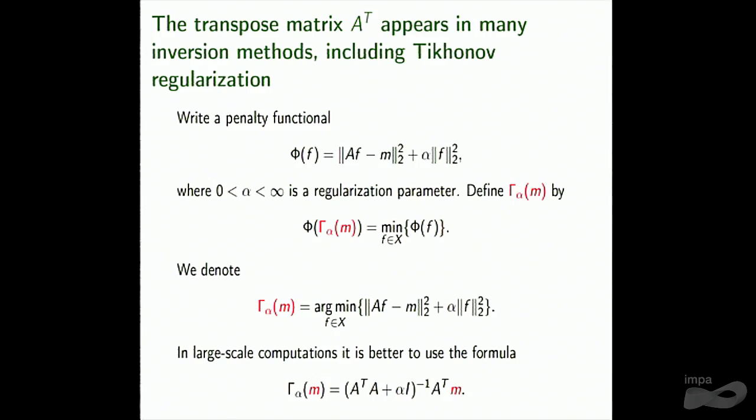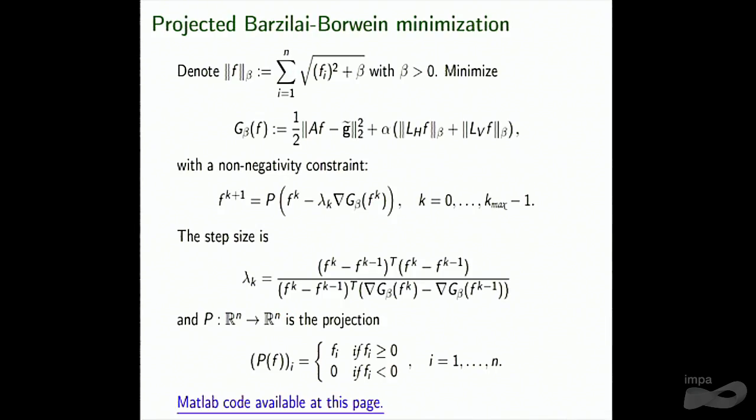And you see here the transpose of A appears in two places. If you have an operator here, some L, then here you would have L transpose L as well. But A transpose anyway appears in this context.